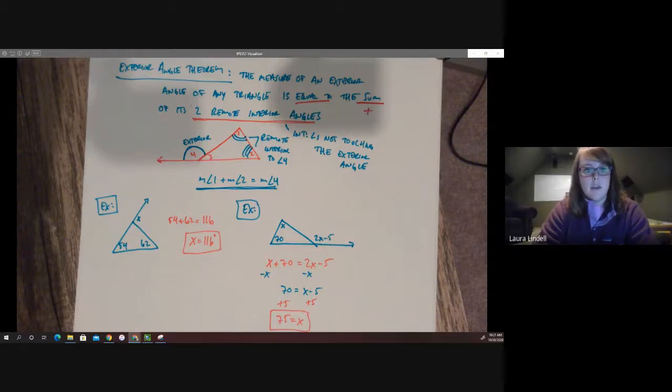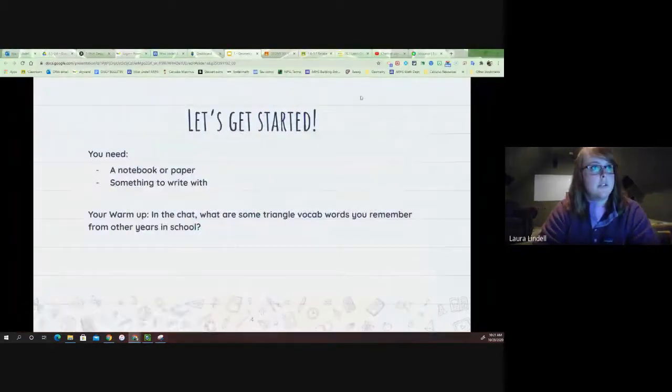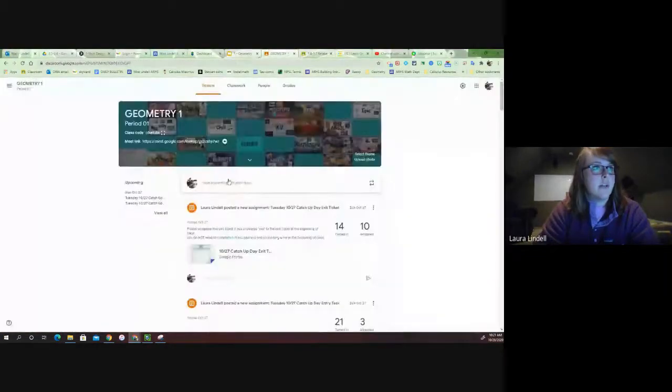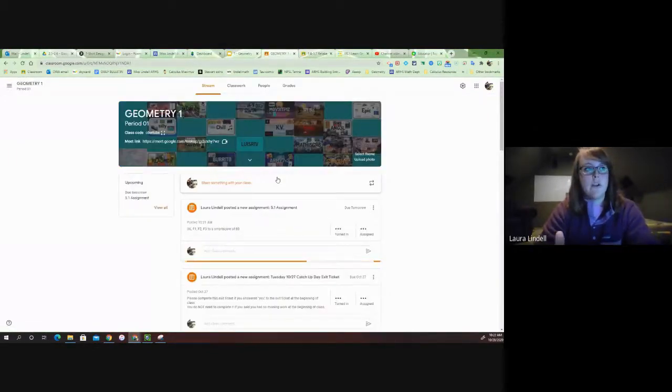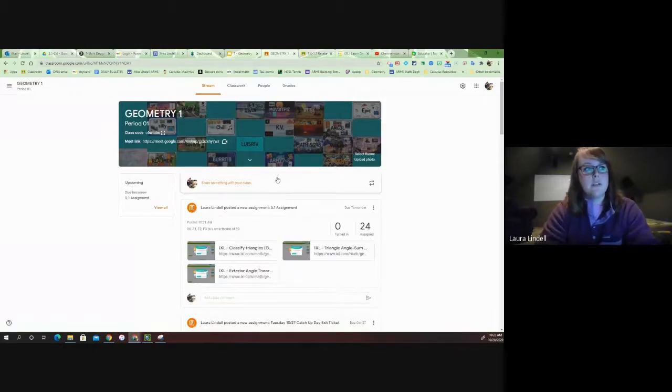There are 3 sections today, but a lot of them are pretty quick, especially that first one. So let's take a look at the sections that we have for today. So we have F1, F2, and F3 to a smart score of 80.